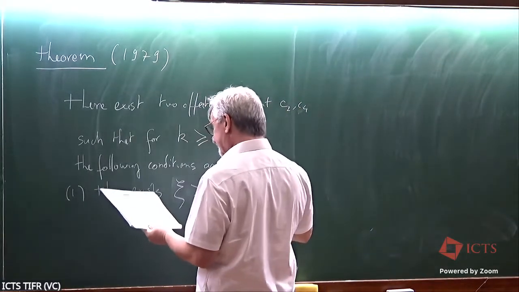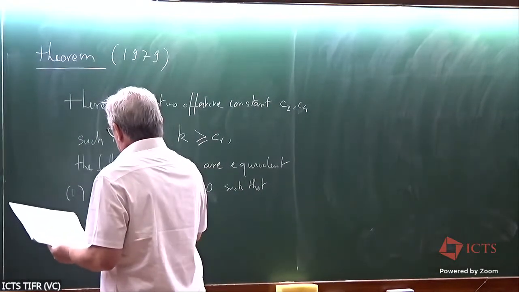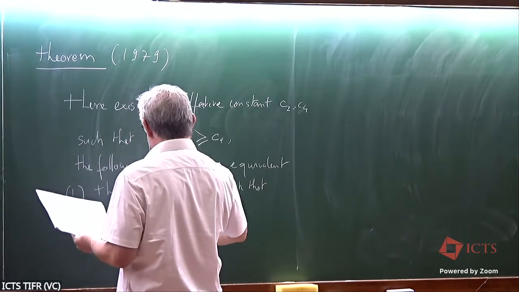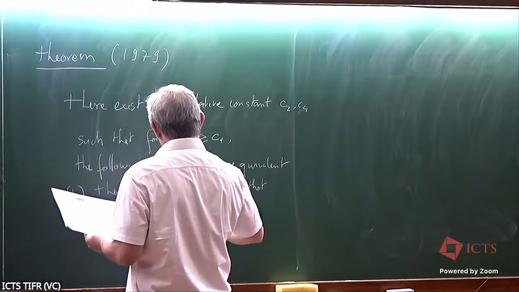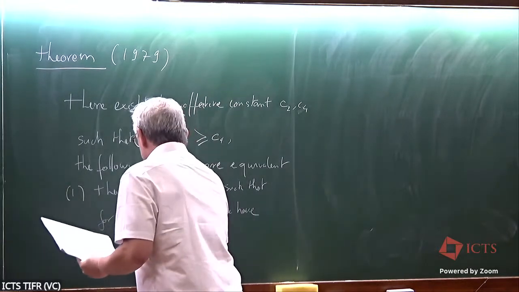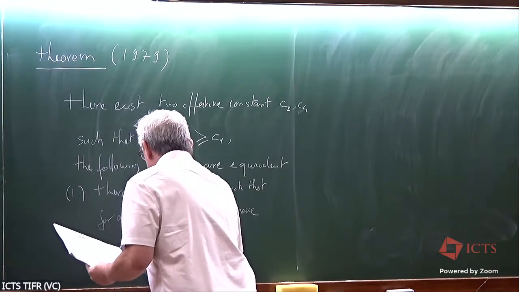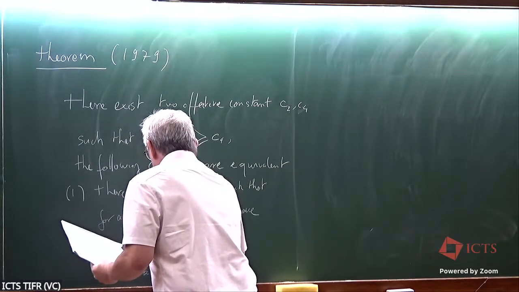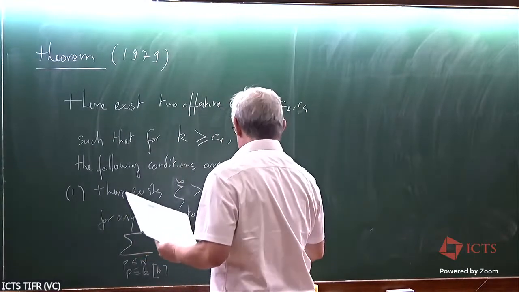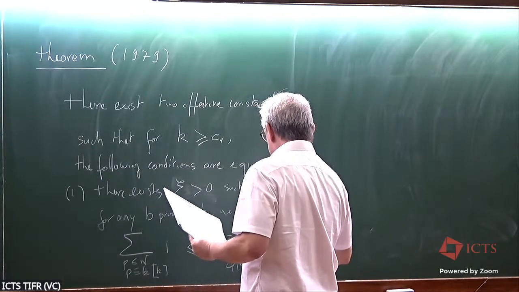A positive psi, such that for any b prime to K, we have the sum of the primes less than n, primes congruent to b modulo K, of 1 is less than 2 minus psi upon phi of K log n times n.